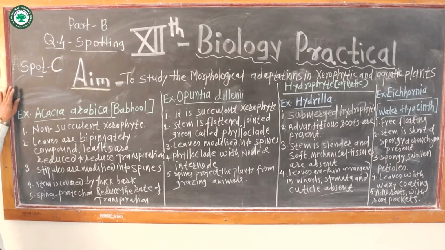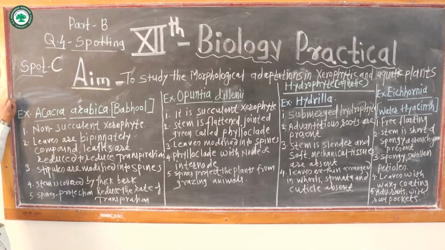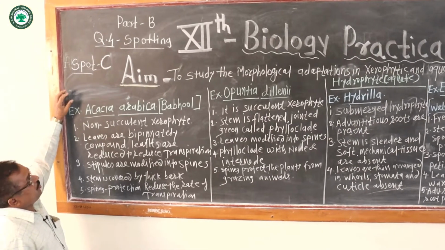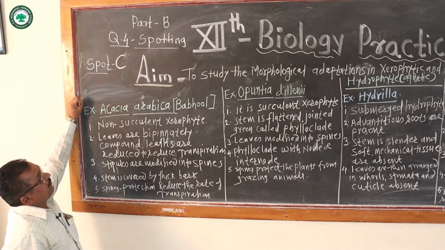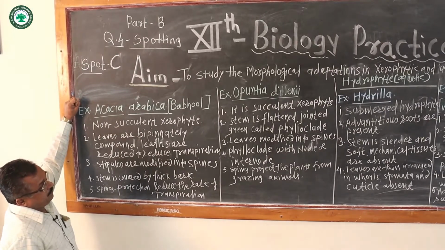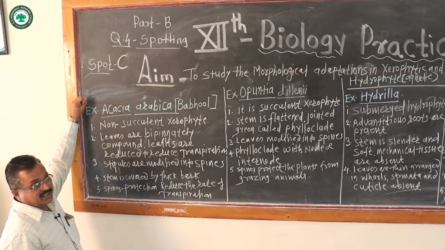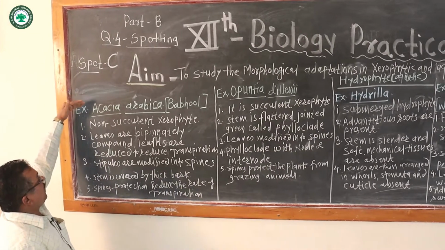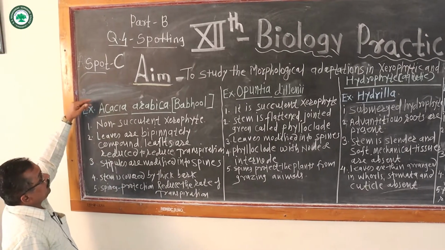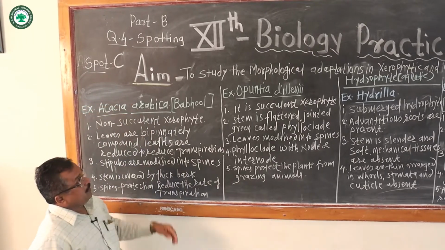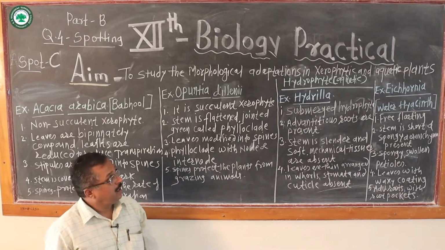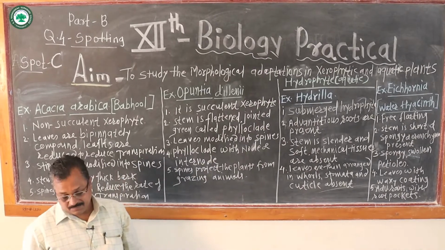For question number 4, C spot, identification, spotting, identify and describe. Like this question is asked in the practical examination. The practical will be to study the morphological adaptations in xerophytic and aquatic plants.